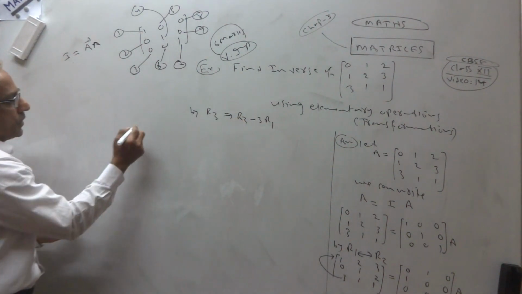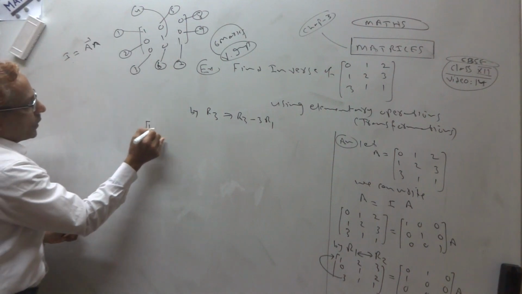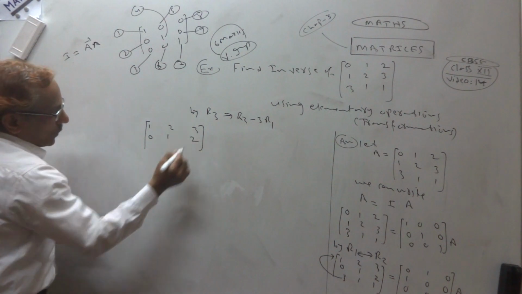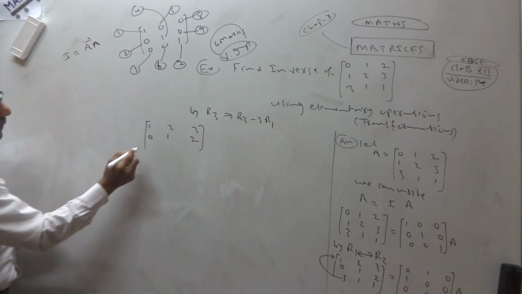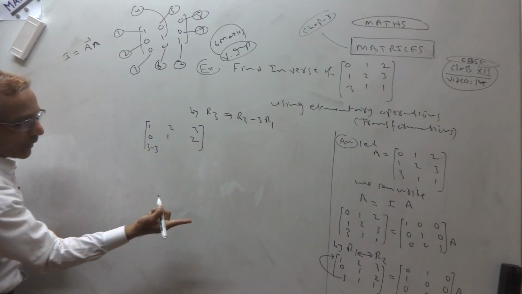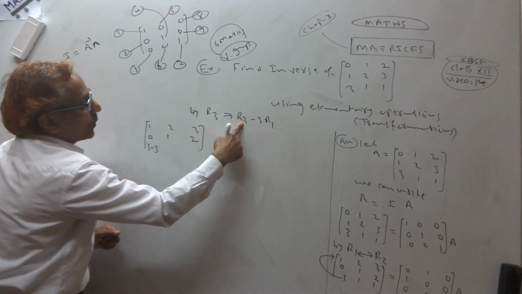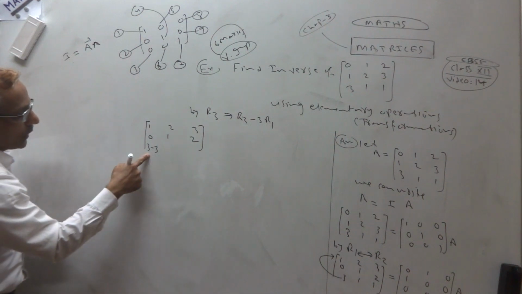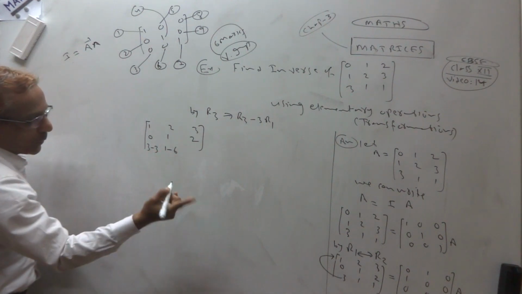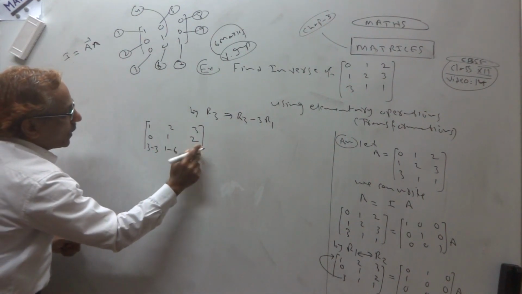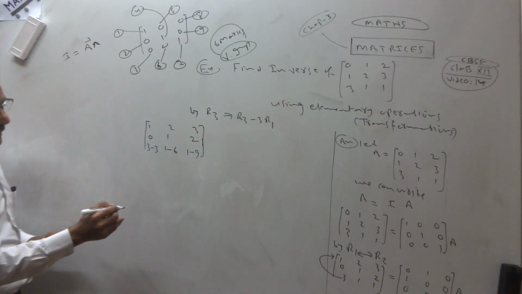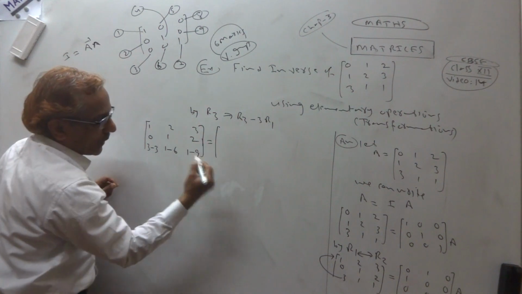So row 3 will change; first row same, 0, 1, 2. Row 3 minus 3 times row 1: 3 minus 3 ones are 3, 1 minus 3 twos are 6, 1 minus 3 threes are 9.